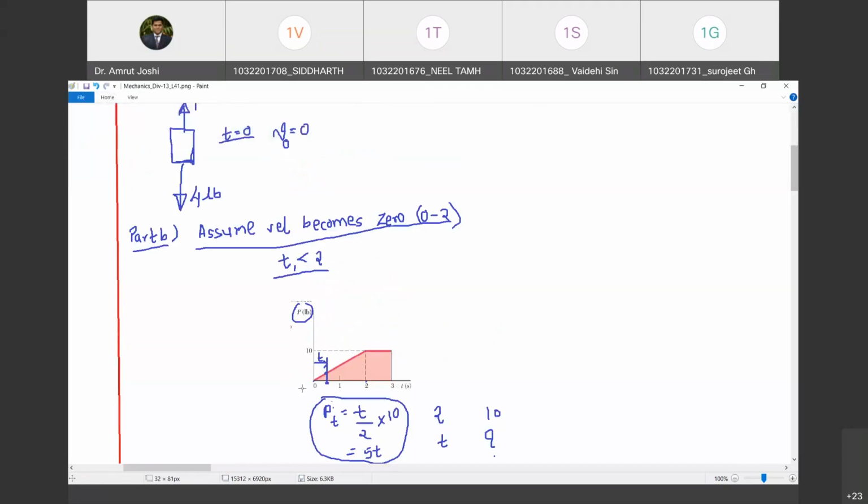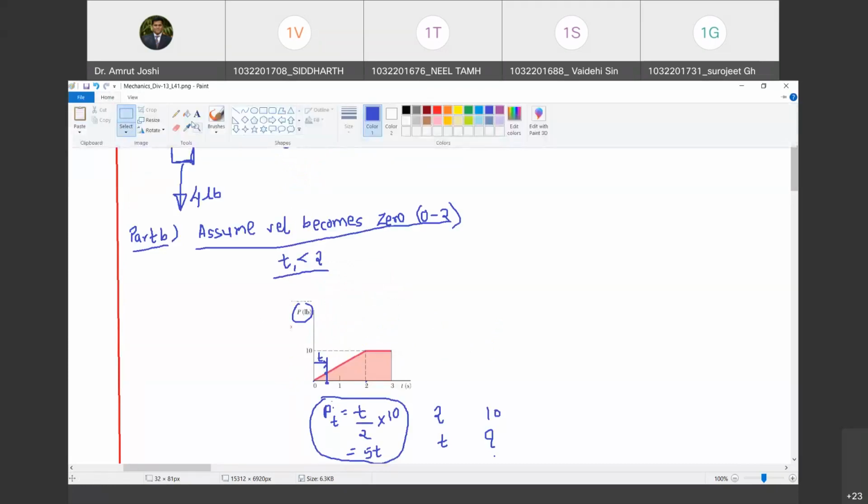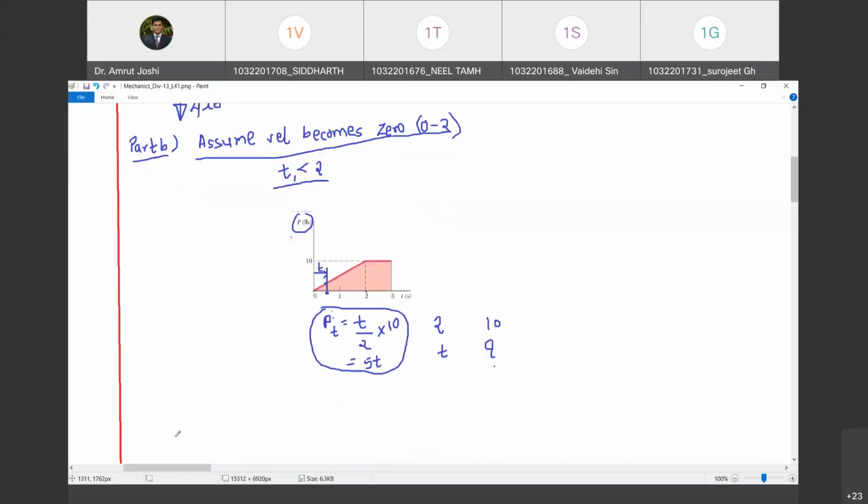Now, let us apply the impulse momentum principle from time 0 to t1. Mind you, this expression is valid only when t is less than 2 seconds.